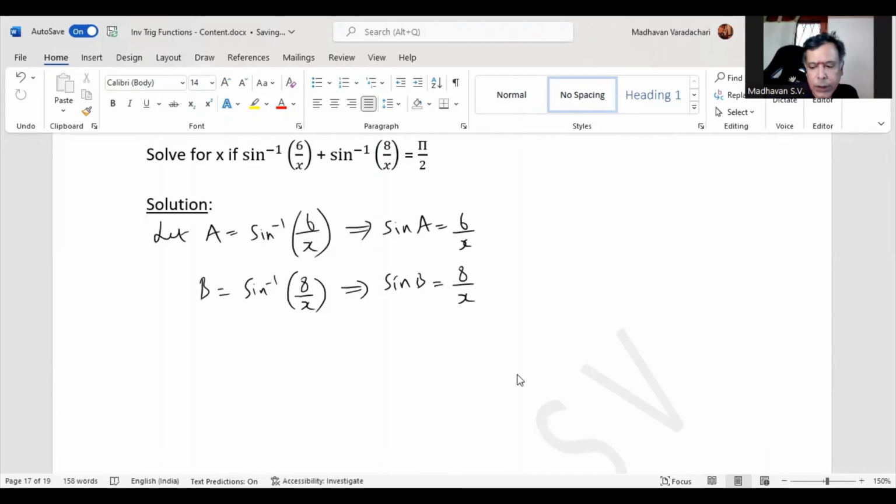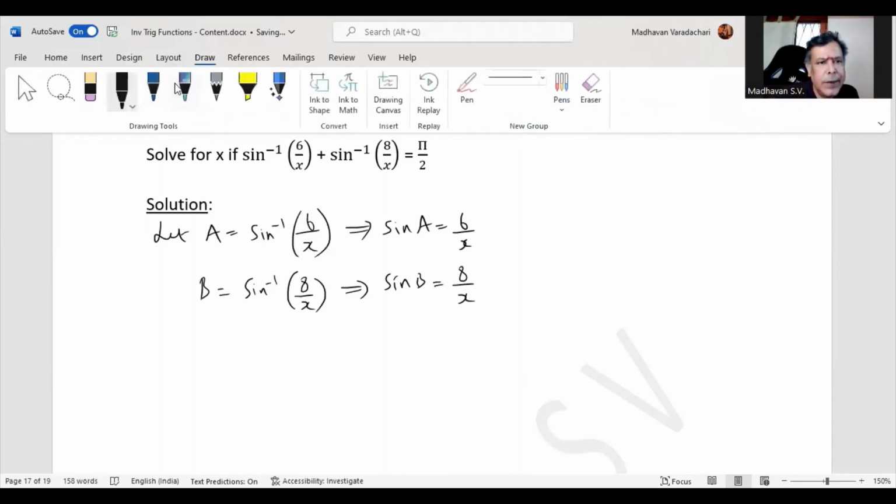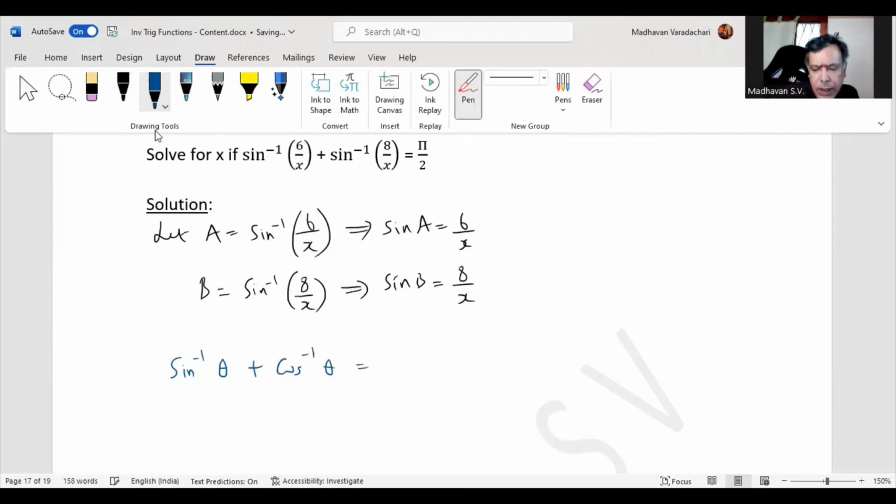Now, we have one trigonometric identity which says sine inverse of theta plus cos inverse of theta is nothing but pi by 2. So we will be using that particular identity.